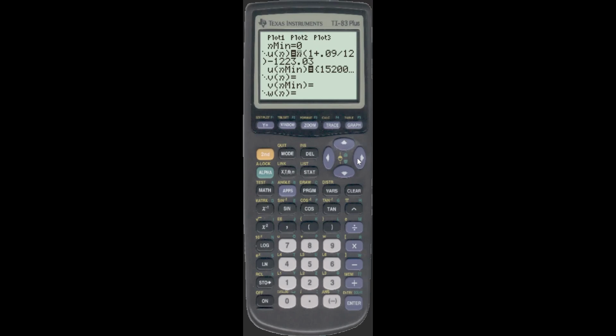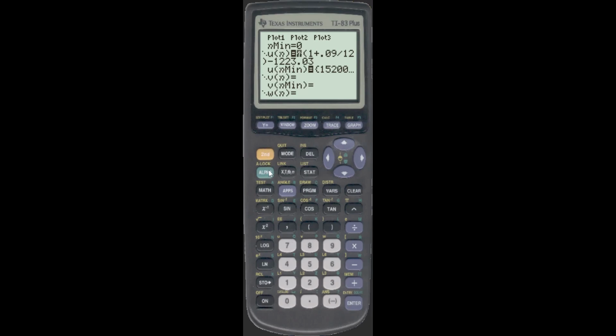How do we get U? How do we get U? U parentheses n minus 1. So we need the variable U, not N. It has to be U parentheses n minus 1. So maybe there it is.